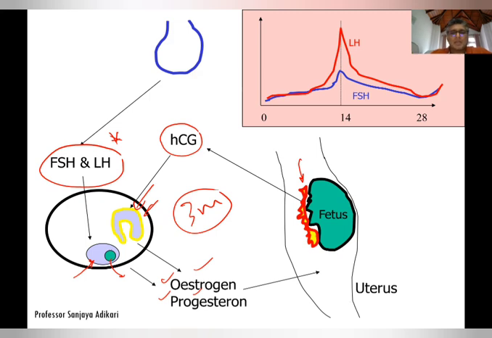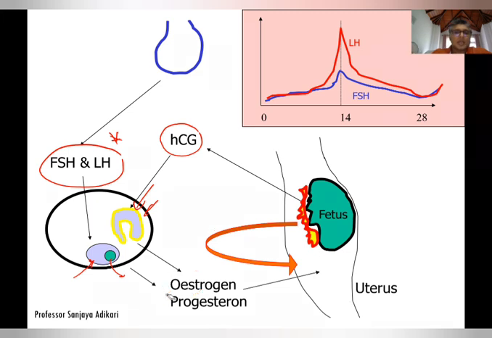Then at the end of 3 months, the placenta has developed a lot, not small like this. By that time, the placenta starts producing its own progesterone and estrogen. When the placenta produces its own progesterone and estrogen, it does not need the corpus luteum of pregnancy to do that.